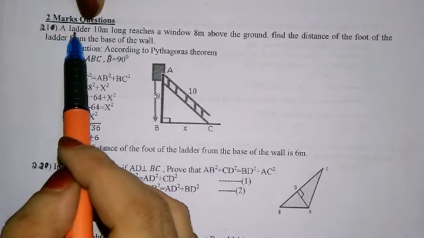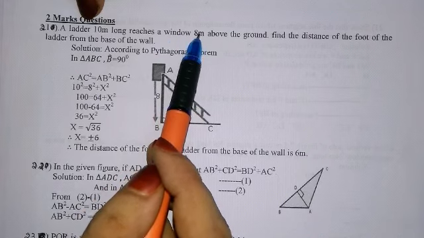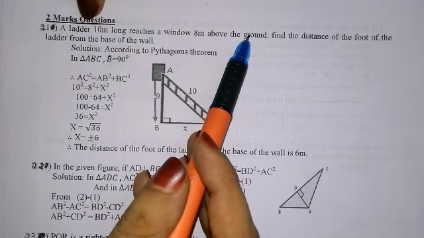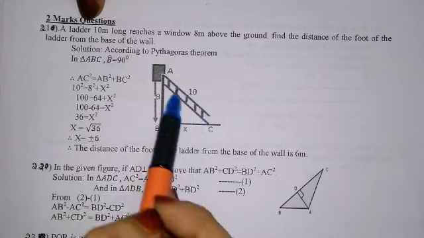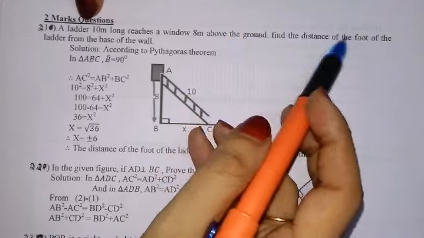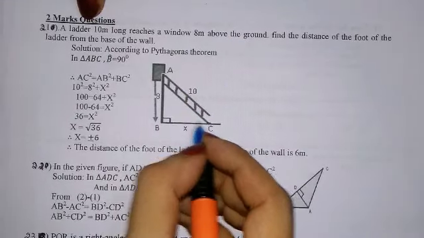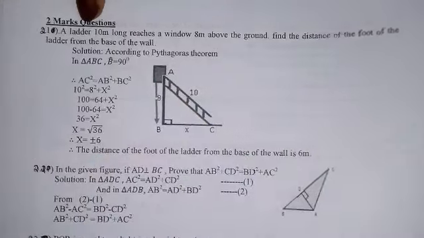A ladder 10 meter long reaches a window 8 meter above the ground. Find the distance of the foot of the ladder to the base of the wall. Let me draw the figure of what they have told here.